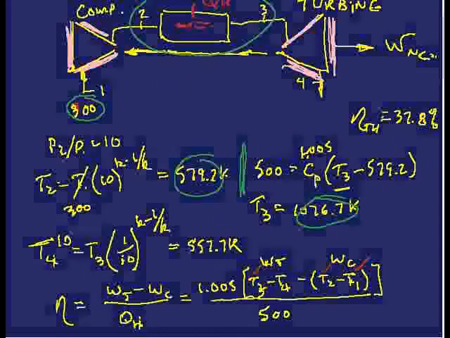And the overall efficiency is equal to 0.378. Solve that equation for T4, and T4 comes out to, a little bit of calculation here, T4 comes to 609.4 Kelvin.